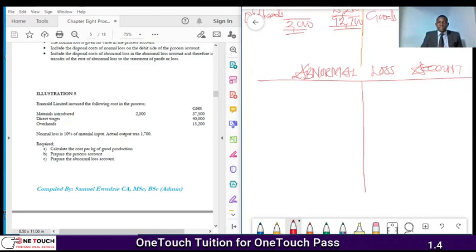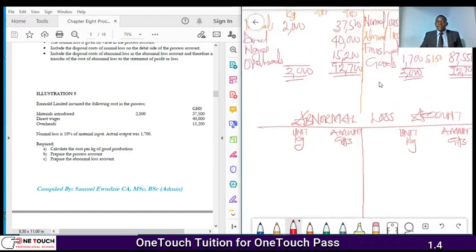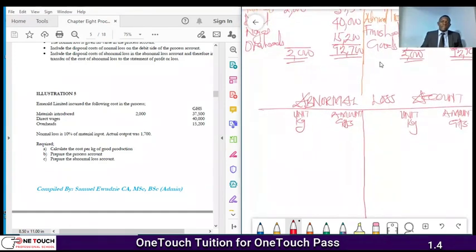So here we have the units in kg, and we have the amounts, the totals, in Ghana cedis. Good. So in the process account, the normal loss has been credited. So we debit it here in the name of the process account.